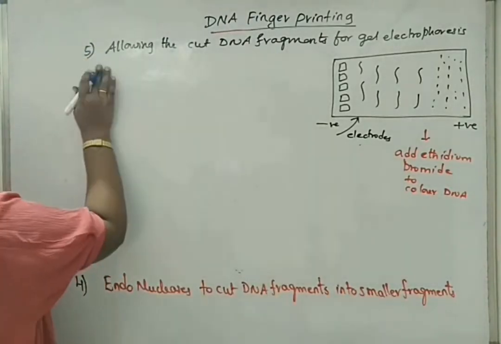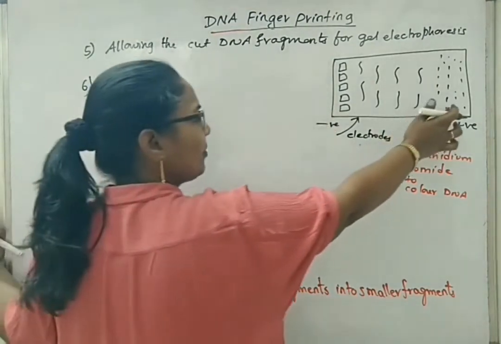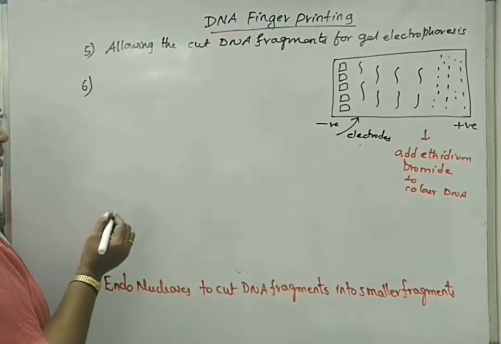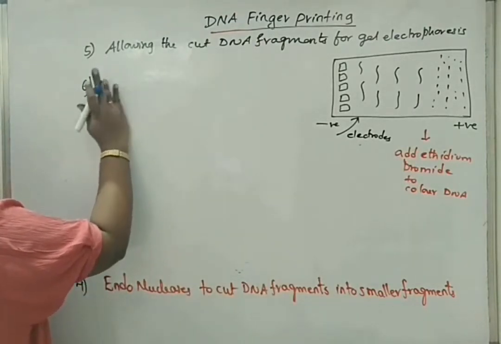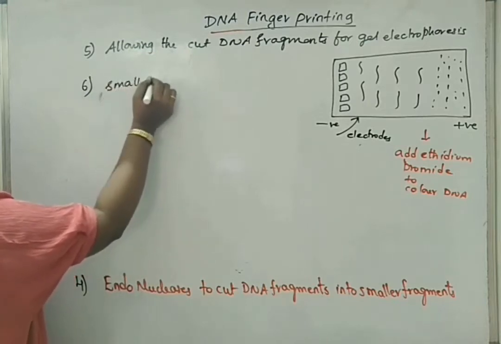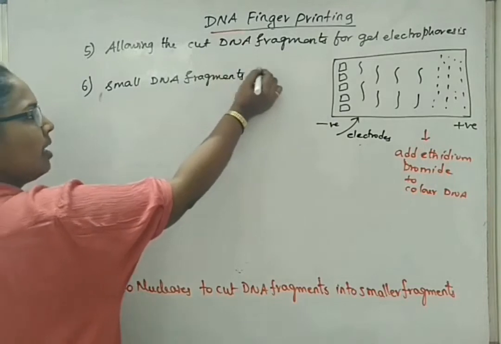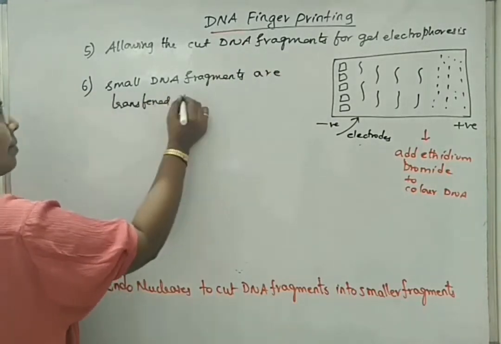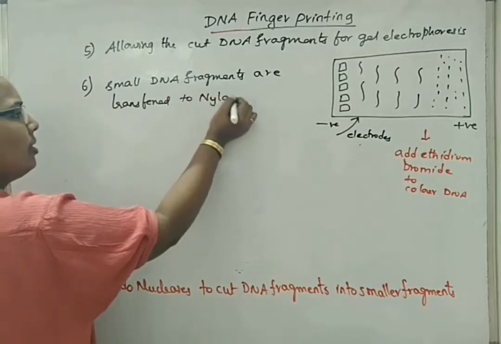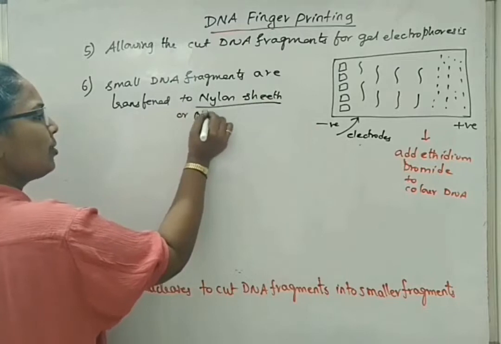Next, in the 6th step, those smaller DNA fragments from the agarose plate are transferred to a nylon sheet or nitrocellulose paper.